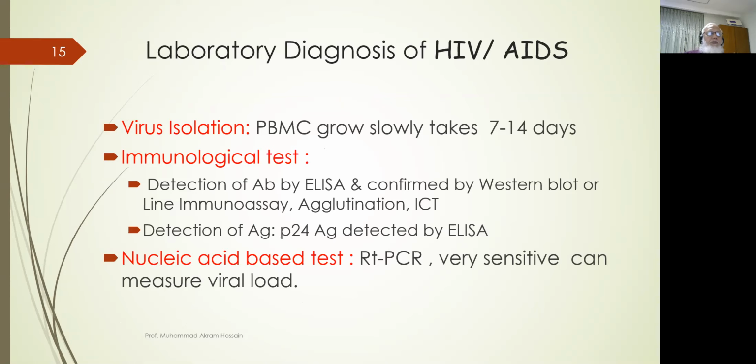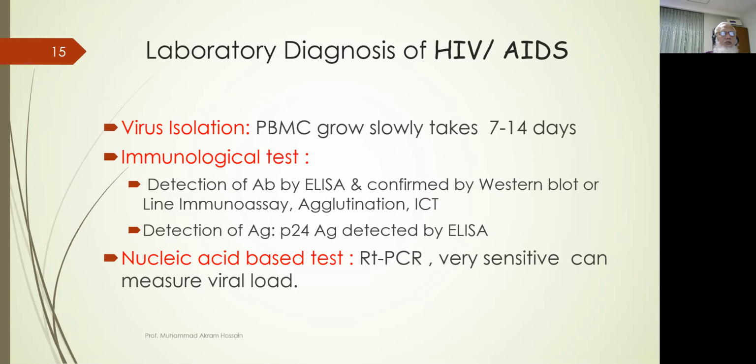Laboratory diagnosis of HIV/AIDS is based on immunological tests and PCR. Virus isolation is rarely done. For immunological tests, there are both antigen and antibody-based tests. Antibody is detected by ELISA, which is confirmed by Western blot or line immunoassay. There are some rapid tests for antibody detection also, like ICT and agglutination.